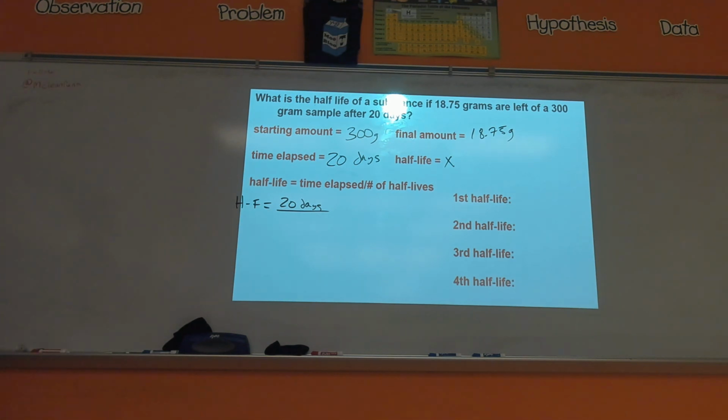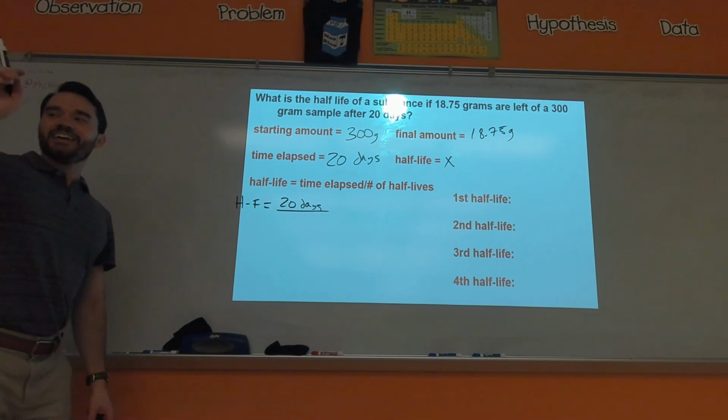How many half-lives? You don't have it up there. How many half-lives are we going through? This is the length of one half-life. 4. Yes. Well, yes. It should be 4.